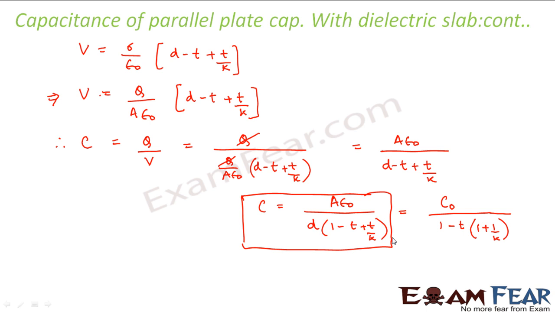Whenever you place a dielectric slab, the dielectric constant will also have some effect on the capacitance. Now that we have almost covered everything about capacitors, like what a capacitor is, how it works, the types of capacitors, how we calculate capacitance, and what happens when a conducting slab or dielectric slab is introduced, I think we are good enough to go and solve some problems.